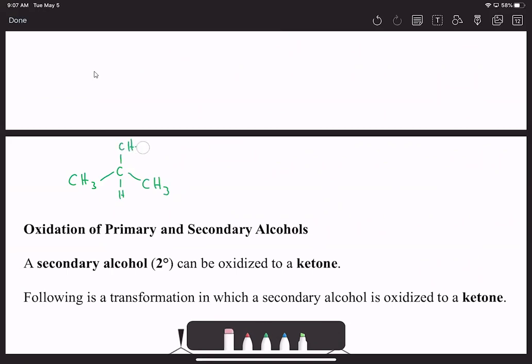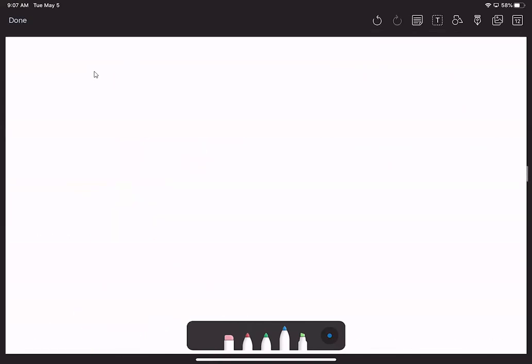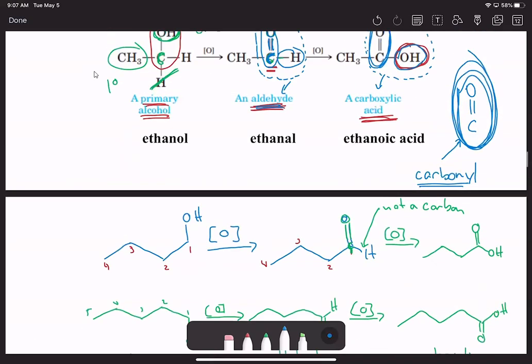So here's a secondary alcohol. When a secondary alcohol gets oxidized, well, this secondary alcohol only has this hydrogen here.